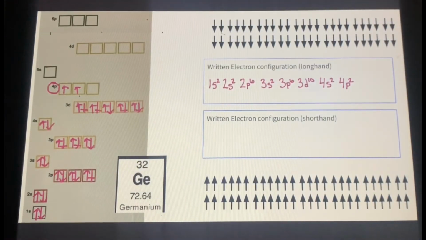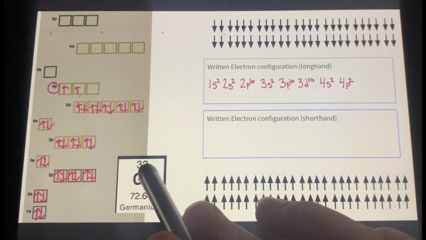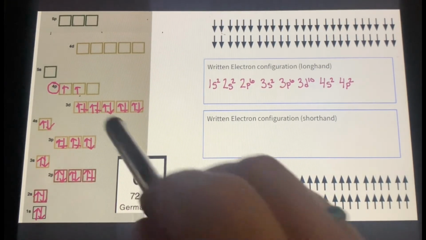Again, check your exponents. Make sure you add up to 32. Check your arrows, make sure you add up to 32.